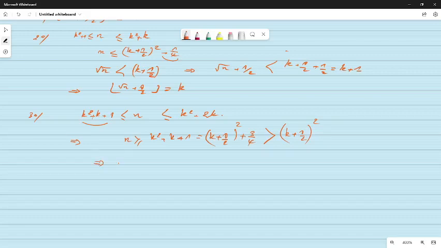This implies that square root of n is strictly greater than k plus 1/2, and then square root of n plus 1/2 is greater than k plus 1.